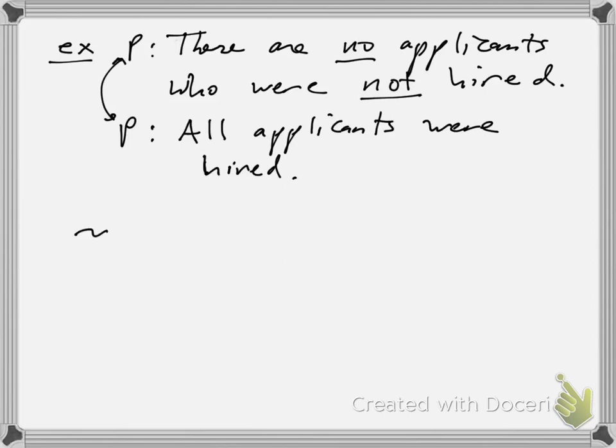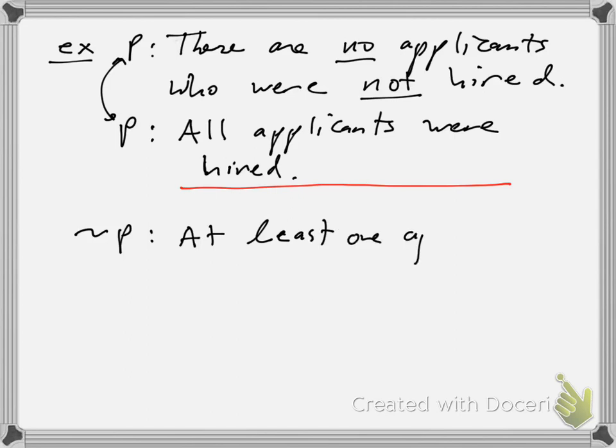Now, if I do not P, if I wanted to prove this statement wrong, all applicants were hired, I have to find at least one applicant was not hired, right? That'd be the logical negation.